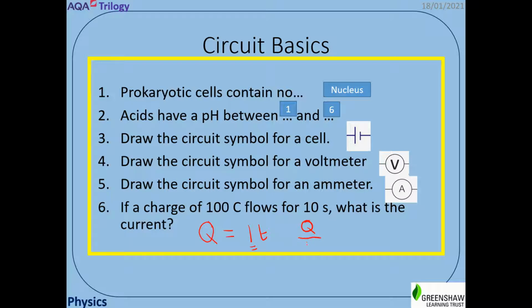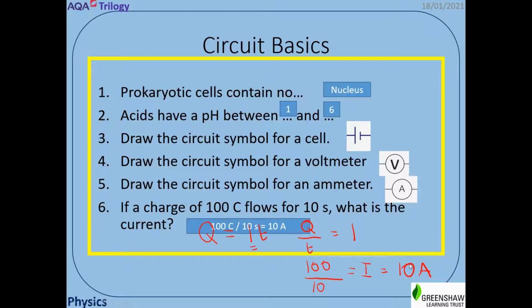So Q divided by T equals I. Expectation that you should be able to do that. I know quite a few of you are doing that in maths at the moment. So Q is our charge. So we've got 100 divided by 10 seconds, which means that I equals 10 amps. And that is our answer.